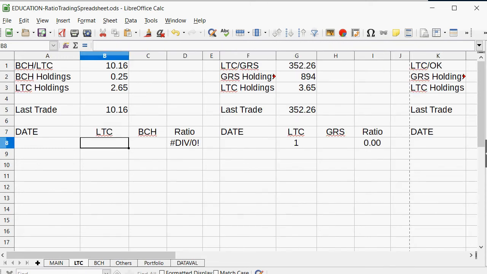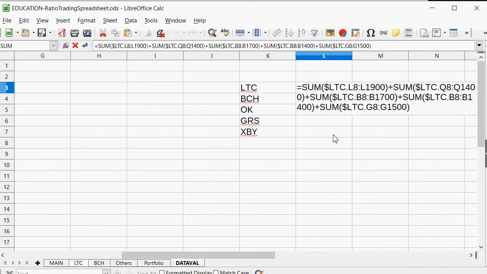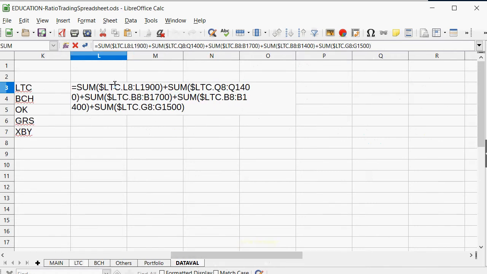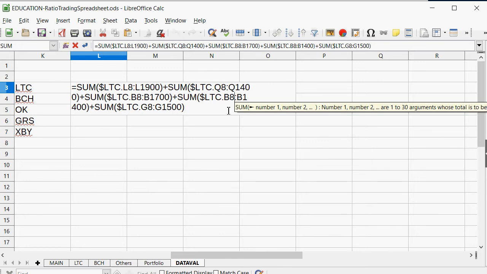Okay, so that's column B. This is why I test it. And I like it. I can see in here the bigger letters in here. So L, Q, plus some LTC, B. Some LTC.